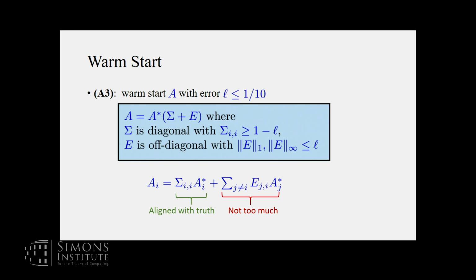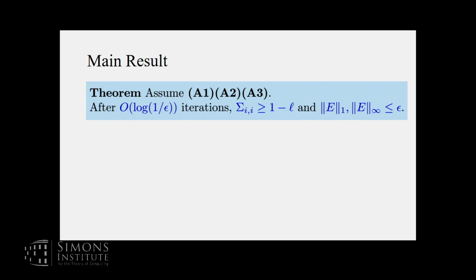Now under these three assumptions, we have this clean theorem saying that after log of 1 over epsilon iterations, you get the error to be epsilon.